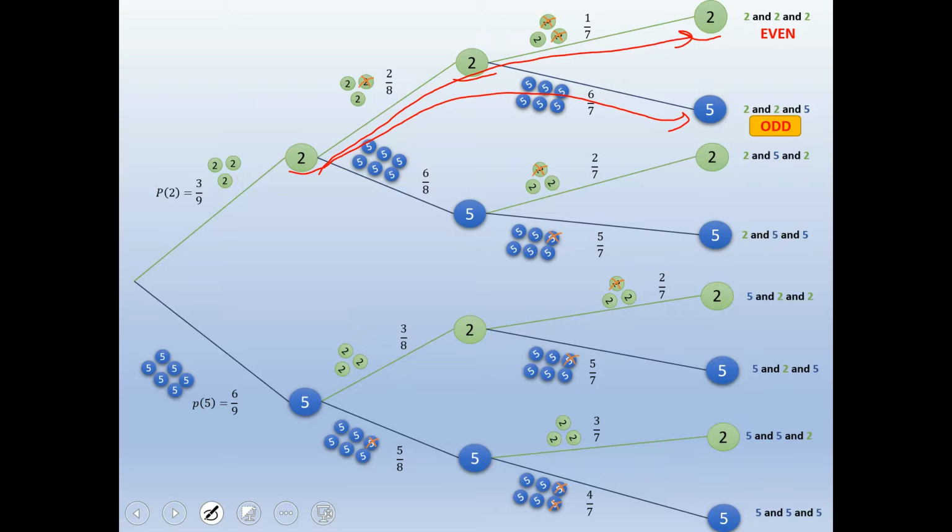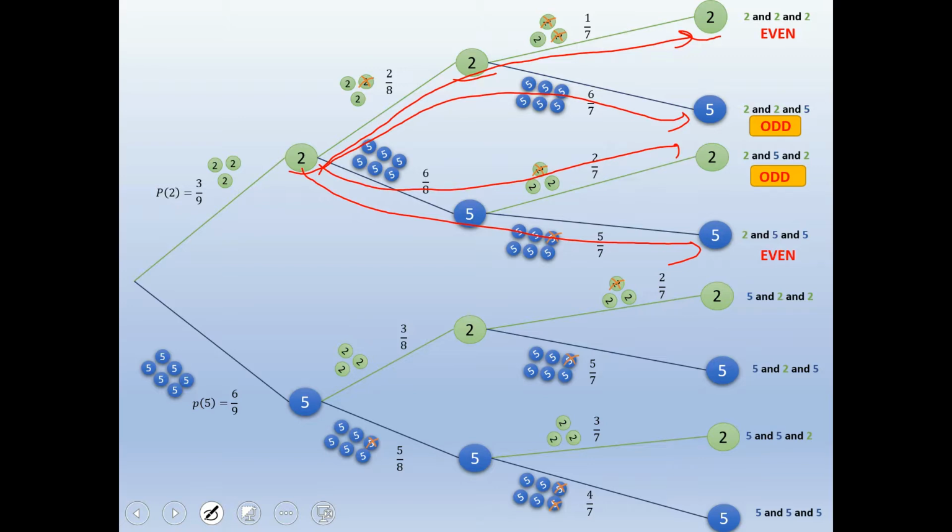So this will be the first selection, P of 2 and 2 and 5. For the third branch, 2 plus 5 plus 2 is also 9, which is an odd number. So the second selection is P of 2 and 5 and 2. This branch, 2 plus 5 plus 5, is an even number, which is 12.